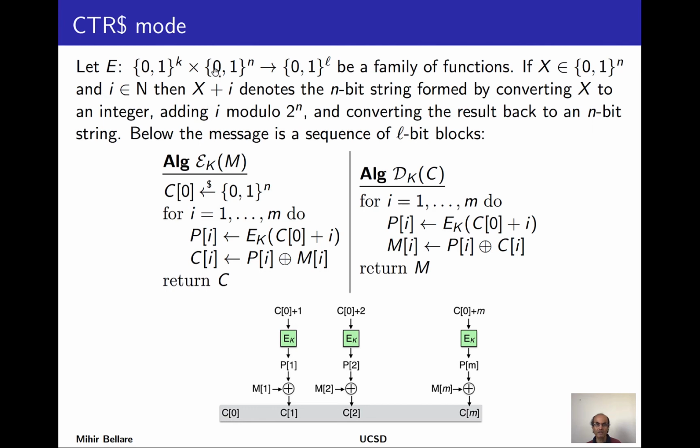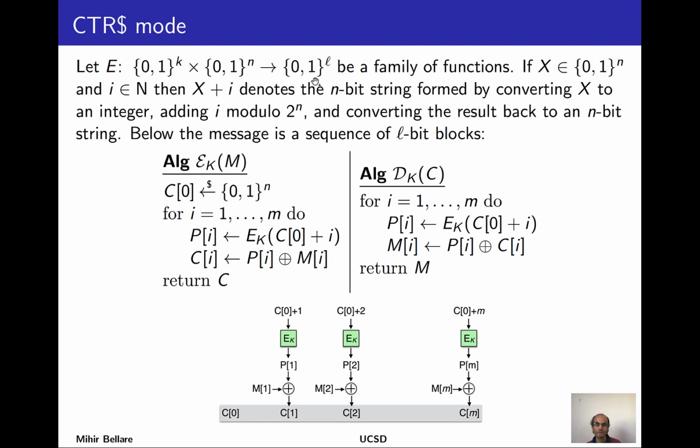You can use a family of functions that's not a block cipher. So we're going to do it that way here. K is still the key length, but the input length and output length could even be different. So there could be n bits of input and L bits of output. And it's a family of functions. And there may not be any way to reverse it. So it's not a family of permutations.